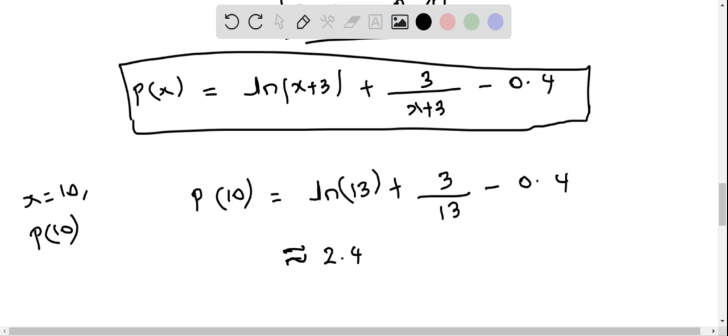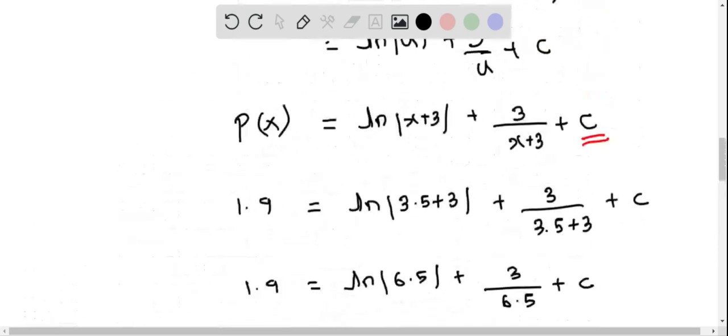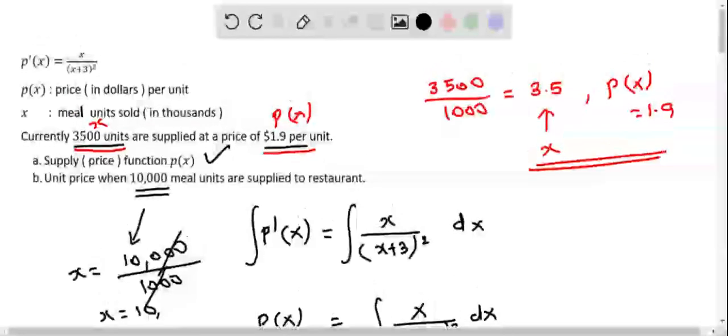This should be in dollars, so you can put this as $2.4 per unit. So therefore the price when x equals 10,000 units is $2.4, which means we answered part B of the question as well.